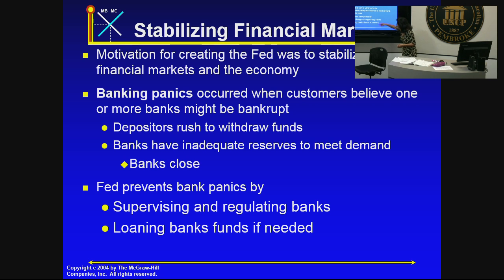And so one of the ways for the Federal Reserve Bank to try to prevent bank panics is by more monitoring, more supervision, more regulation. Some people hate to hear that word, but that's what they have to do. And even act as what we call the big daddy, like lender of last resort.